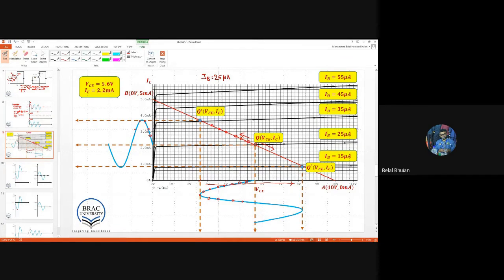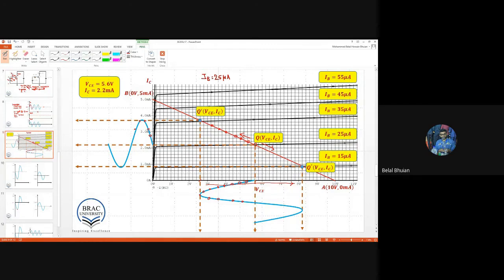Now, what does that mean? When you obtain a Q point, from each Q point we get two values: one is VCE, one is IC. VCE is the value that you obtain from the origin to this point. For example, it is something like 5.6. So this value of VCE is 5.6, the voltage from collector terminal to emitter terminal.